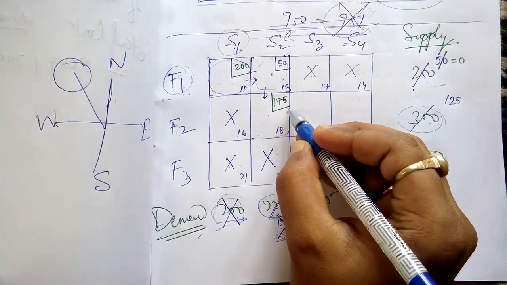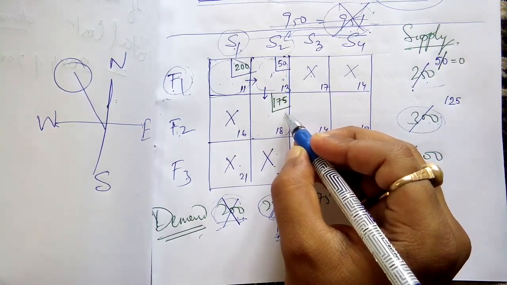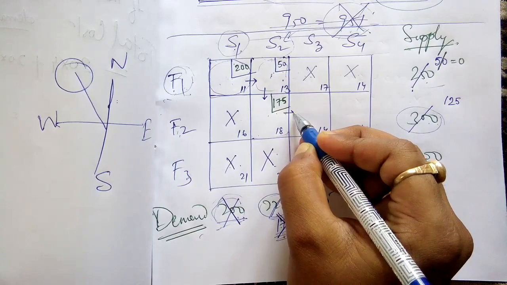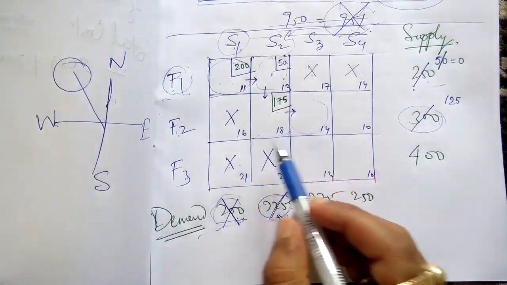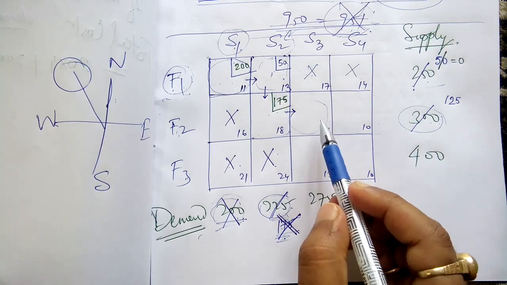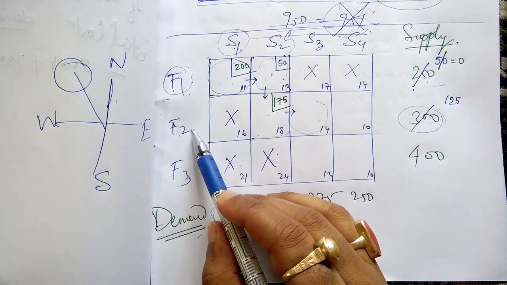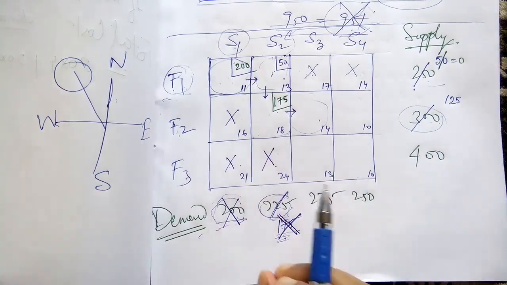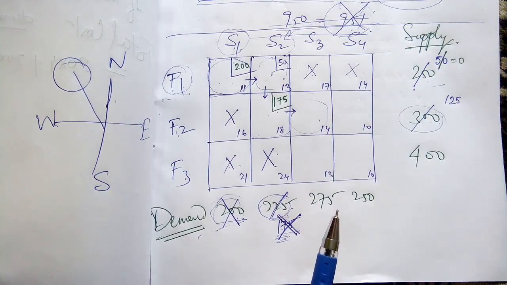Now the northwest corner method tells that from this box you come to this box. What is the meaning of this box? This box means that you have to supply goods to store number 3 from where? Factory 2. Now the question is how many goods you can supply.